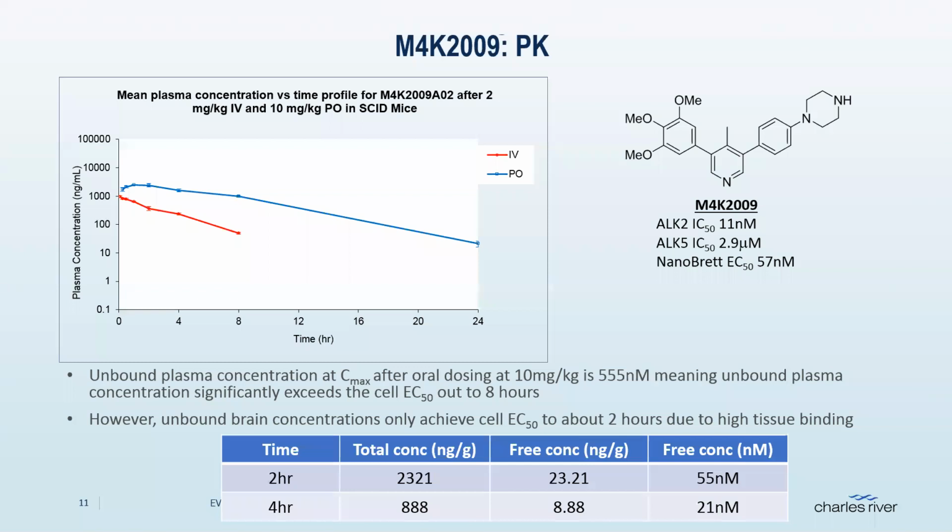That's why we often tend to do terminal bleed. So you have to have more mice, it costs more, but I think you can get a more realistic indication of plasma and brain concentrations. Right. Yeah, no, just something that we were more familiar with doing. I'll go to another species.